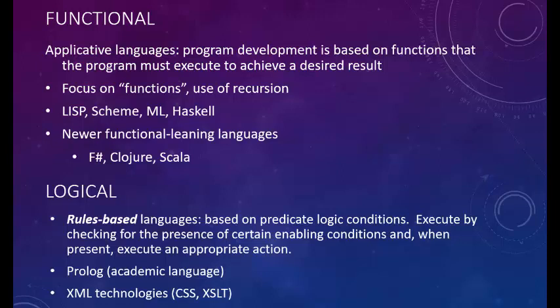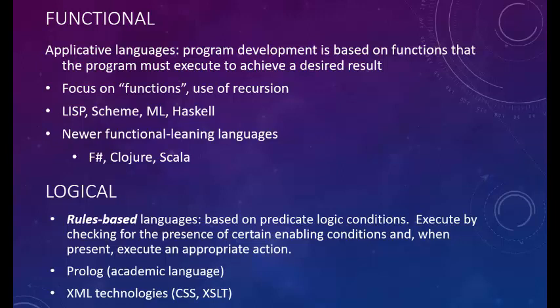It's also referred to as applicative. Program development is based on functions that the program must execute to achieve a desired result. The focus is on functions and the use of recursion. Prominent languages include Lisp, Scheme, ML, and Haskell. And newer functional-leaning languages, F#, Clojure, and Scala.